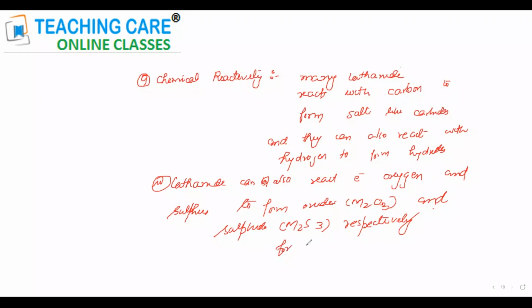For example, cerium oxide Ce2O3 or cerium sulfide Ce2S3.